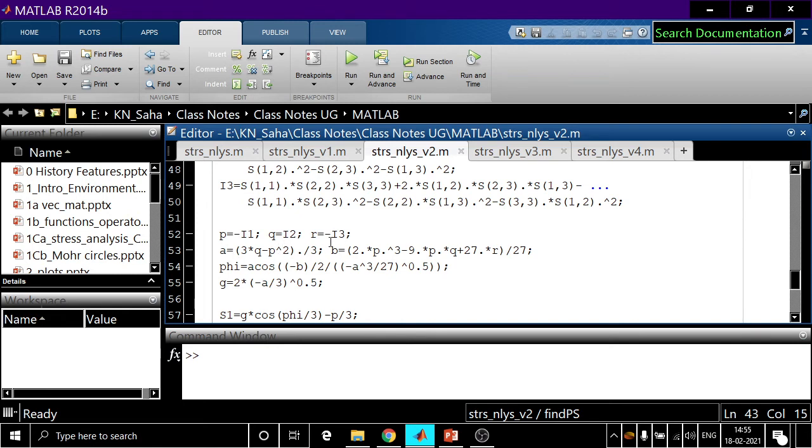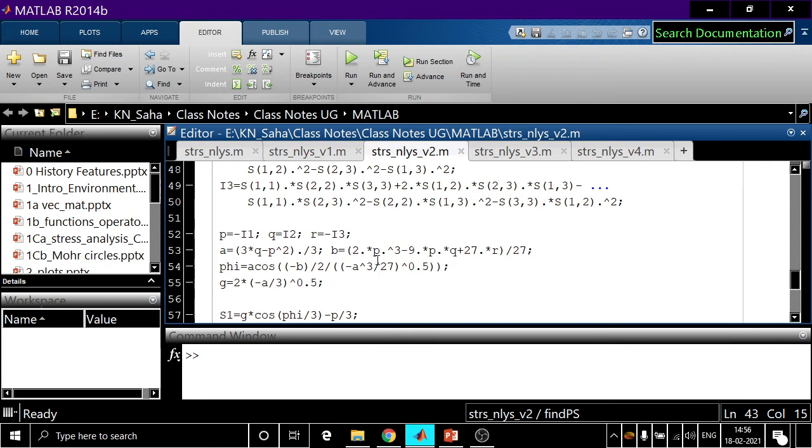For ease of coding, I1, I2 and I3 are renamed as minus I1, I2 and I3, so that the generalized equation we get is in the standard form. You have to find that out on your own. So here, A and B are those two quantities.